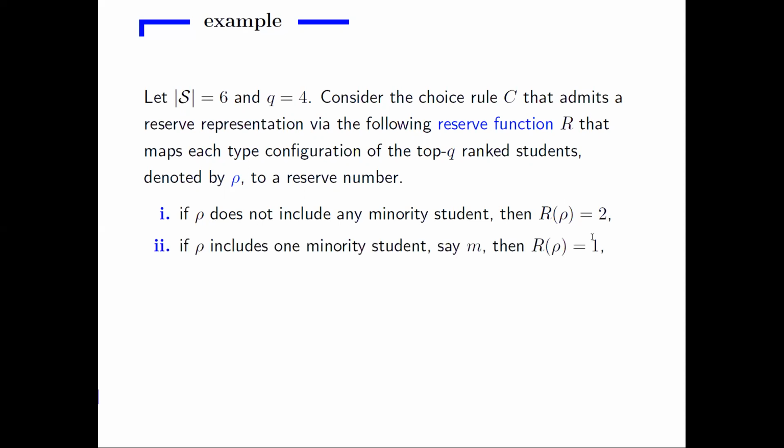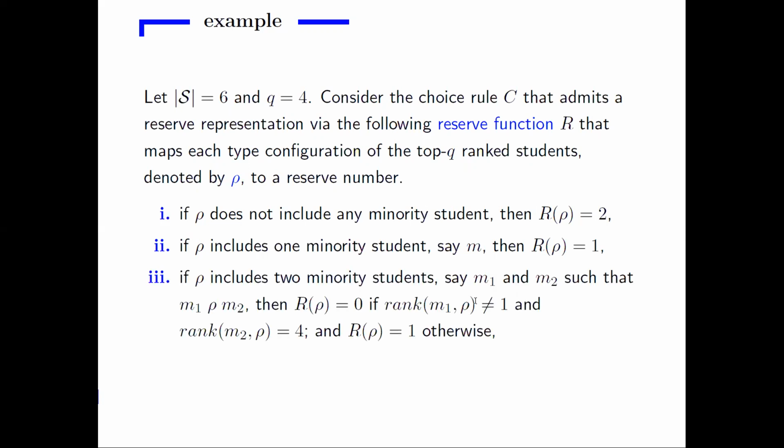Okay. If, on the other hand, we have 1 minority student in the top chunk, then I will reduce my reserve by 1 and I will pick 1 guy from the bottom chunk. Notice that from moving from one configuration to the other, my reserve changed only by 1. It didn't change in a drastic way.